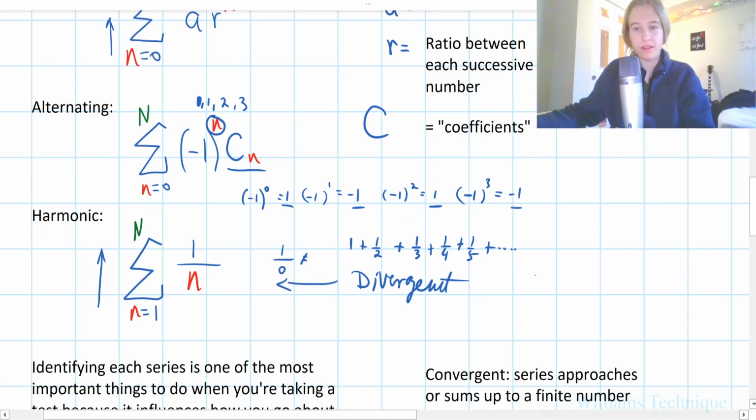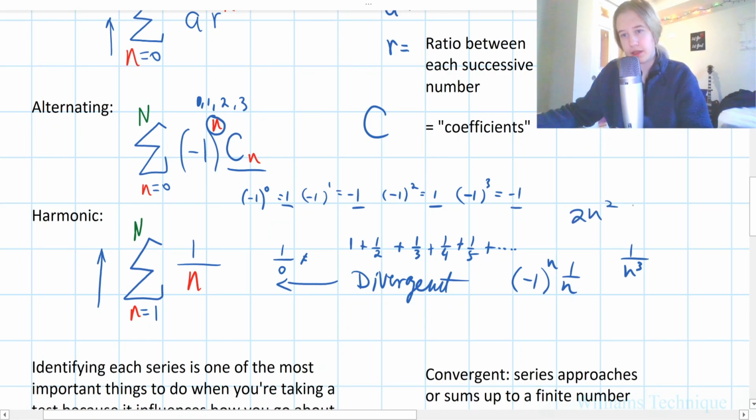If you see this harmonic series, it is always divergent, unless you have maybe an alternating series in front of it, or maybe you have 1 over n cubed, or maybe 2n squared plus 3 over n. These are not harmonic series.